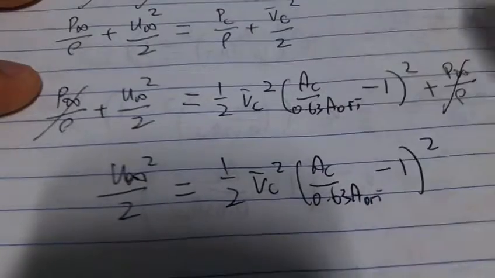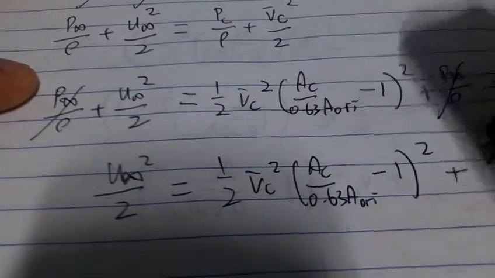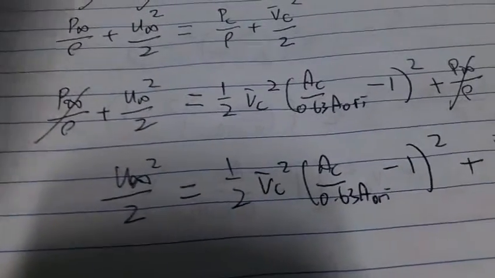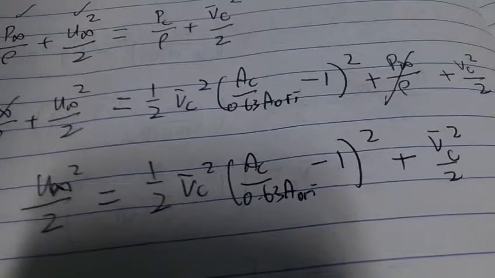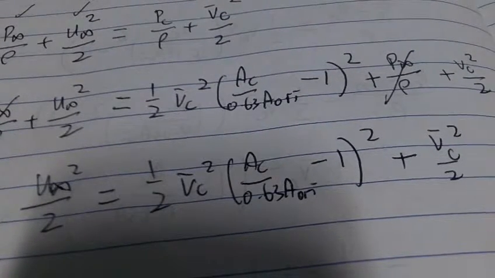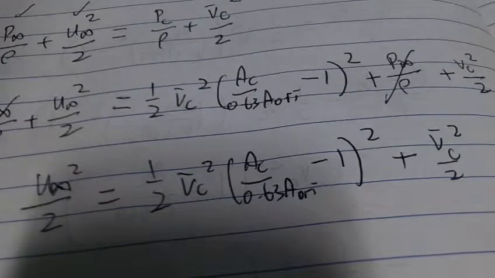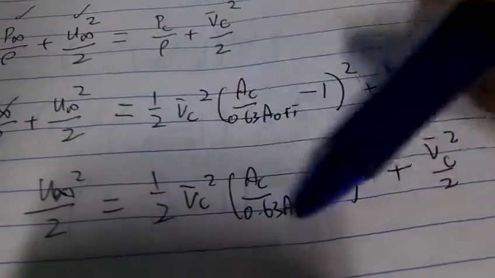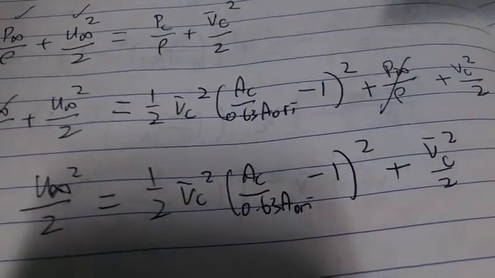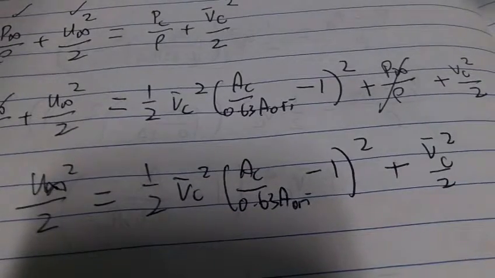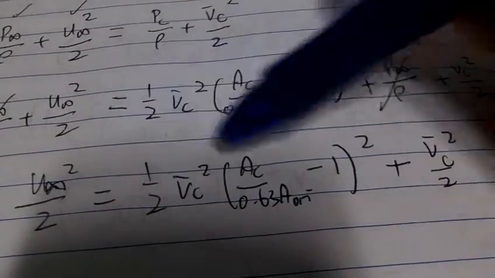Minus 1 squared plus Vc over 2 squared. This is the good news. We have all these knowns.